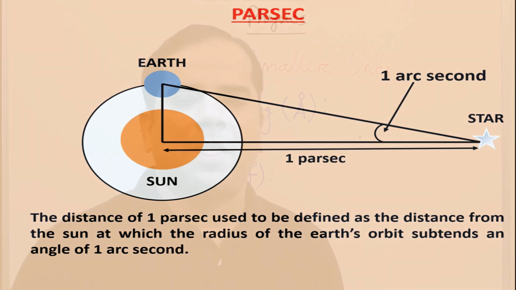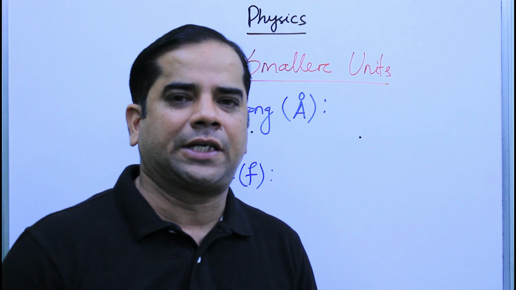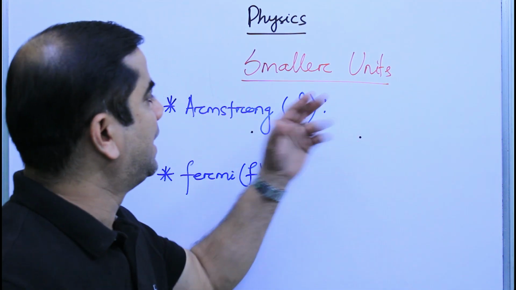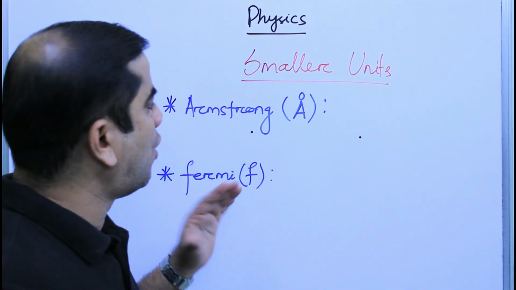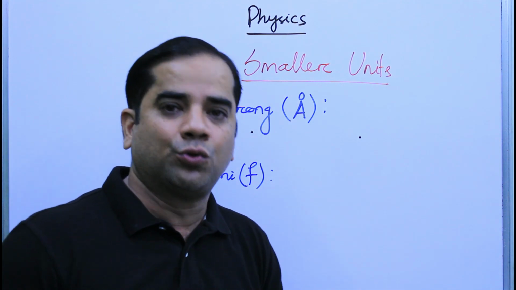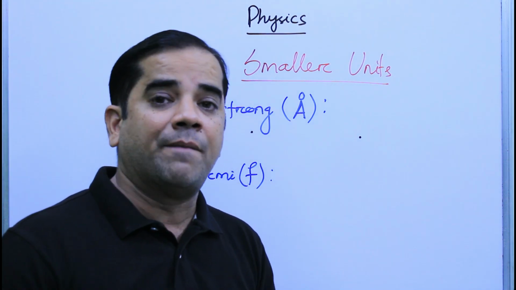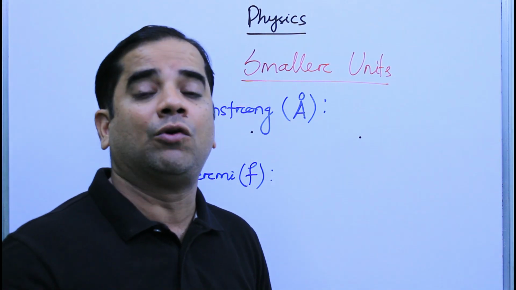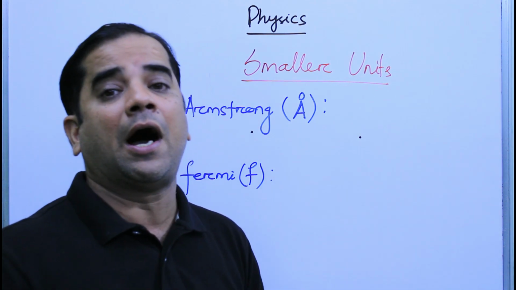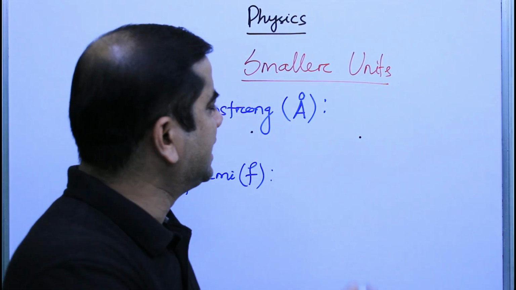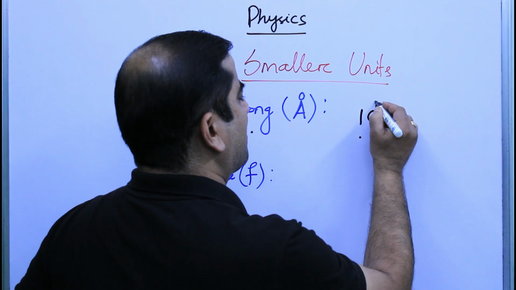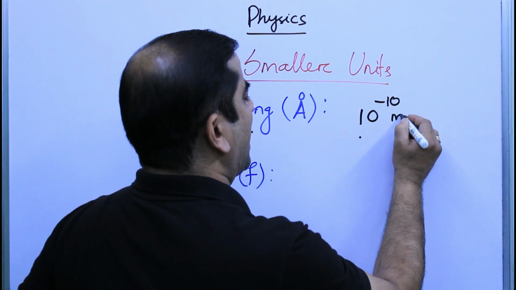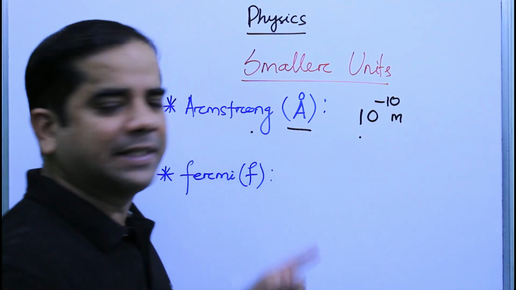Hope you understand. Students, we are going to discuss some smaller units of length. Those are Armstrong and Fermi. Armstrong is used to measure the wavelength of light, intermolecular separation between the atoms, etc. And its value is 10 to the power minus 10 meter. And it is represented by this symbol.